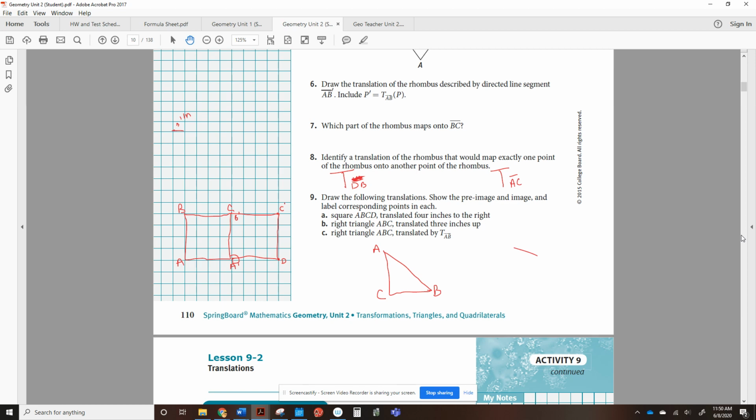So start at A, go to B. And so when I get through this one down here, this is where A prime is going to be. And then underneath A prime will be C prime, the right angle. And then underneath that will be B prime. So there I've translated it along that line segment.